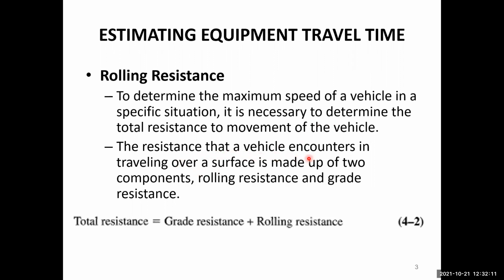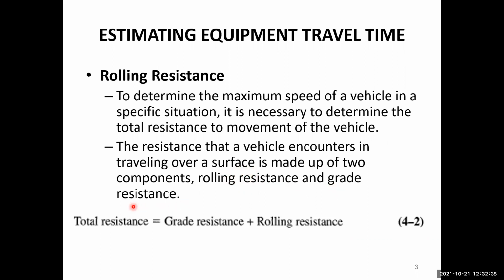The resistance that a vehicle encounters in traveling over a surface is made up of two components: rolling resistance and grade resistance. Rolling resistance depends on the type of surface, for example, sandy soil, clay soil, rock, etc. This is the resistance provided by the type of surface.